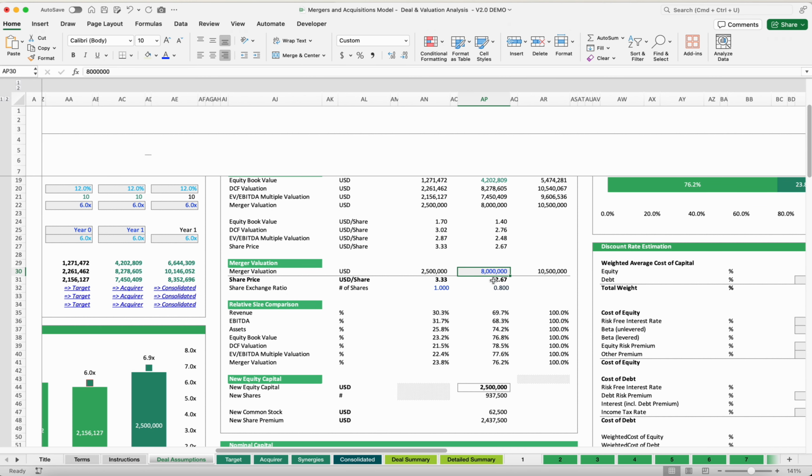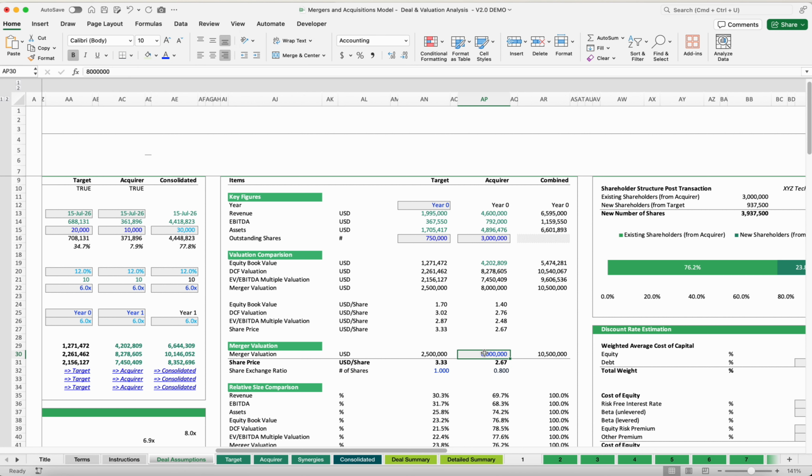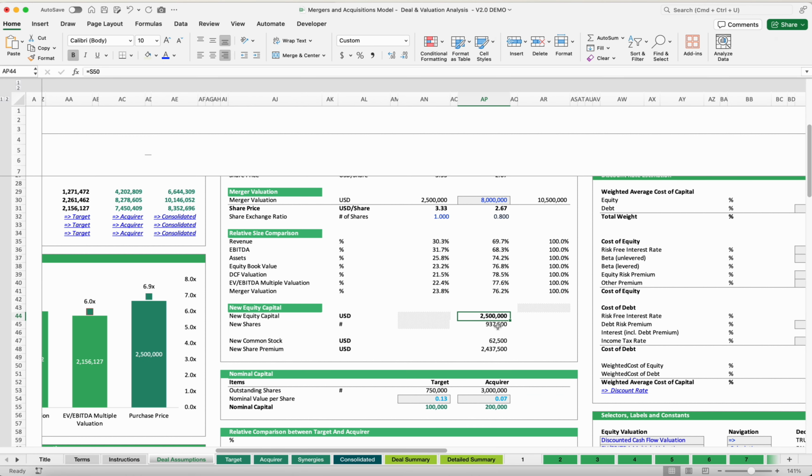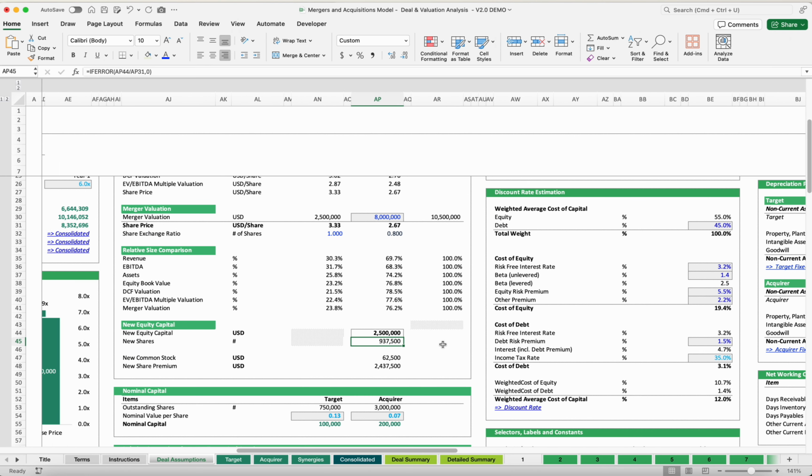So if we then look at it, we have a value for a company of 8 million, we have 3,000 shares out, so per share the value of our share currently is $2.67. So if we need $2.5 million to pay, and the value of the share is 2.667, this means we have to issue 937,500 new shares, and these will be given to the shareholders of the target company.